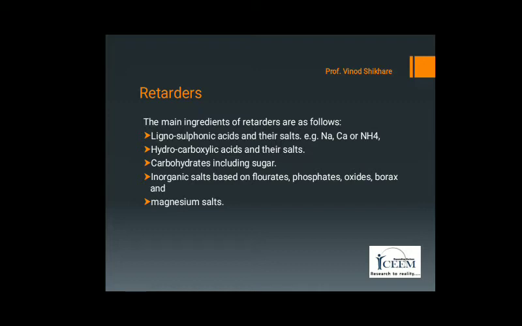Retarding plasticizers or superplasticizers are an important category of admixtures often used in the ready-mix concrete industry for the purpose of retaining the slump loss during high temperature, long transportation, to avoid construction or cold joints, slip form construction and regulation of heat of hydration.